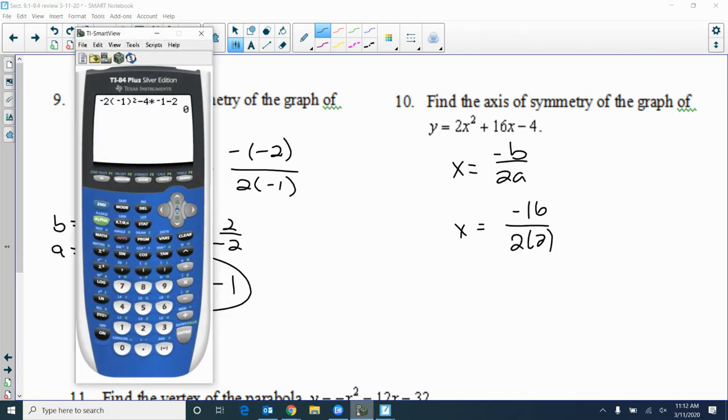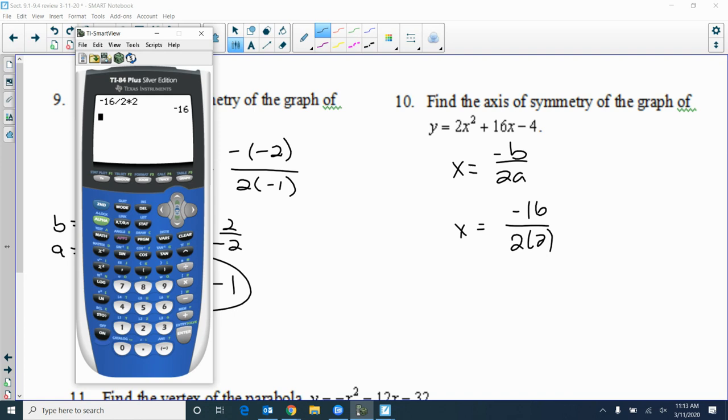Some of you get to this point and just type it in your calculator, -16 divided by 2 times 2, and that gives -16.